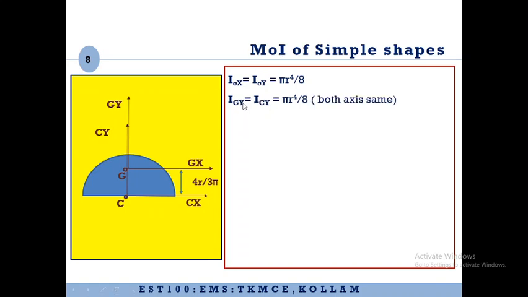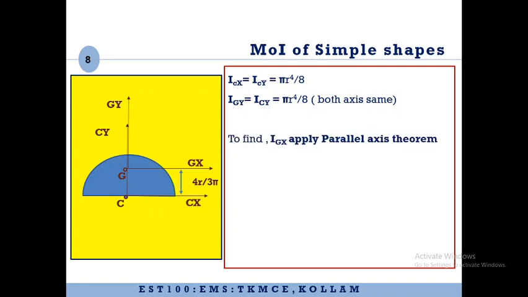Now, first of all, let us find out IGY. If you observe here, CY and GY represent the same axis. So, moment of inertia about the same axis will be same. Therefore, IGY is same as ICY, which is equal to pi r raised to 4 divided by 8, since both the axes are the same.